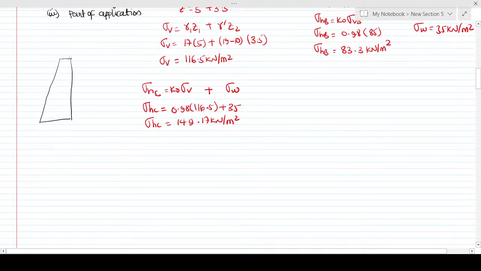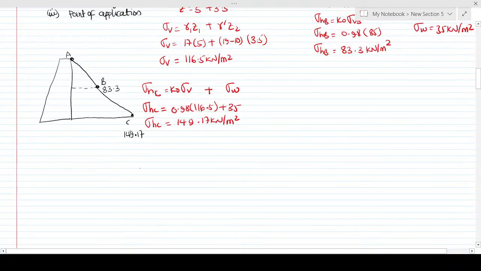This is the retaining wall, right? At A, it was 0. At B, it was 83.3. Then when we went on to C, it was 149.17, right? So here was the water table, then like this.